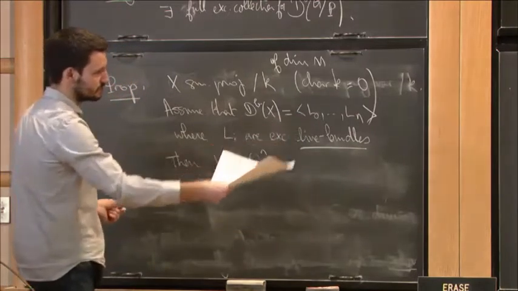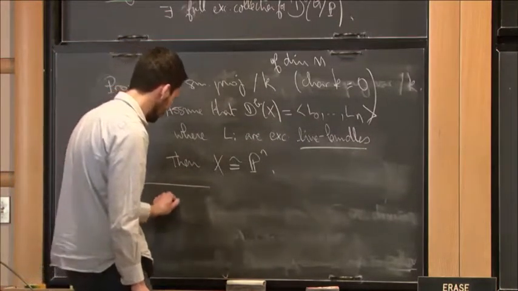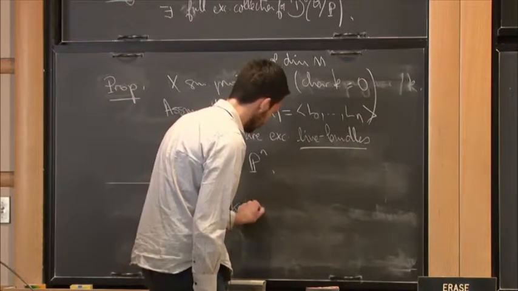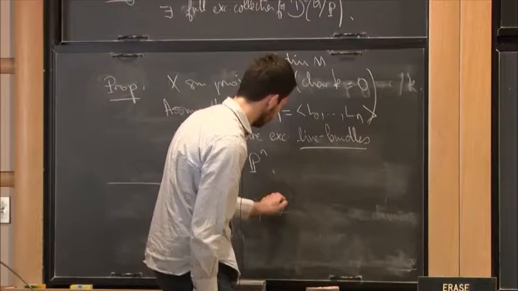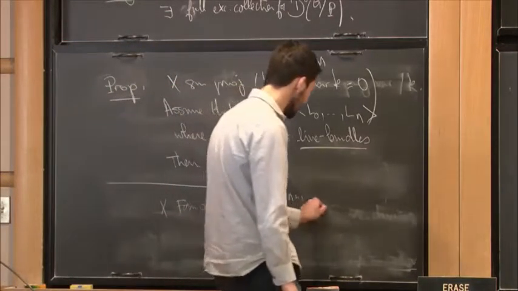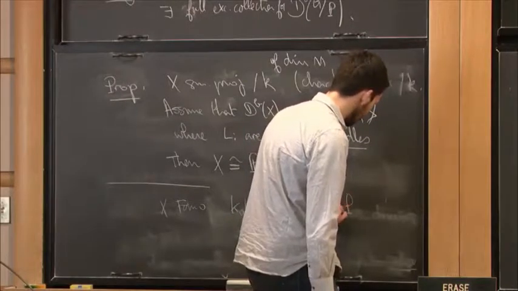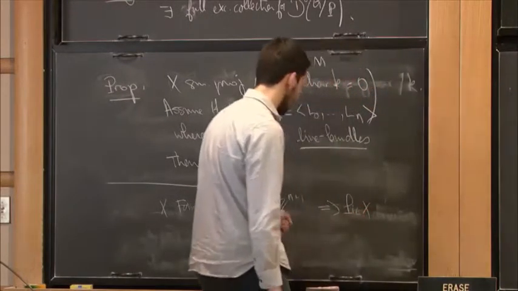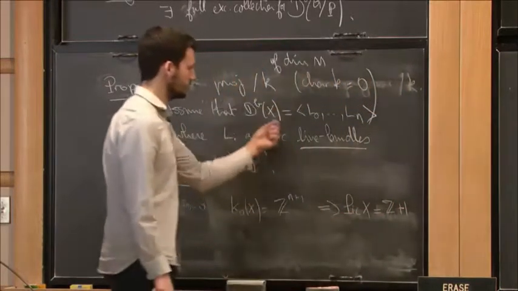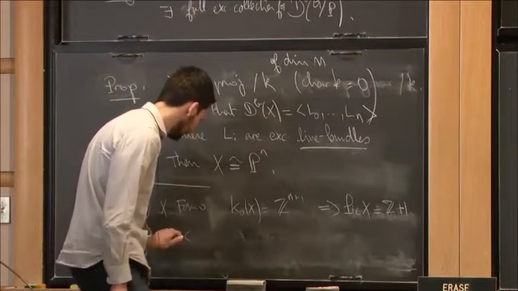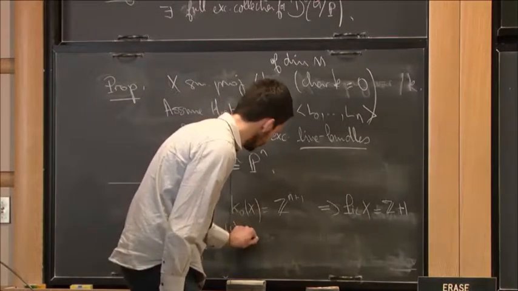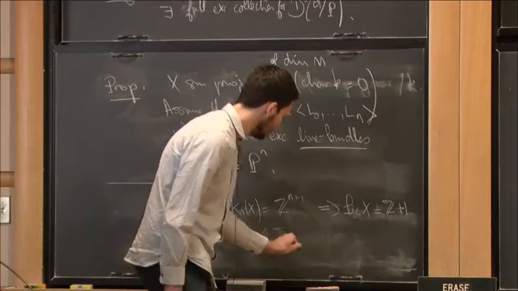So you use the Bondal-Polishchuk criterion that tells you that X is Fano. Then you know that K0 of X is Z^(n+1). Then K0 of X is torsion free, so you get that Pic X is torsion free, and then the rank has to be 1, so Pic X is just generated by one class. So all the line bundles L_i are of the form O(a_i H) for some integers a_i.